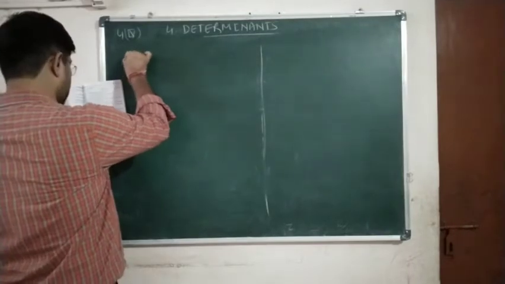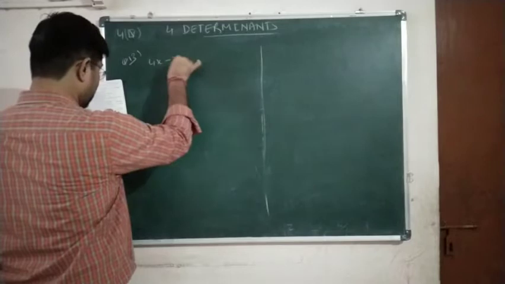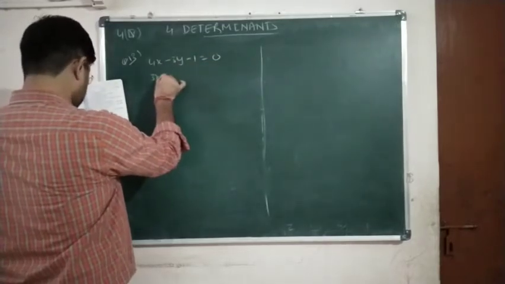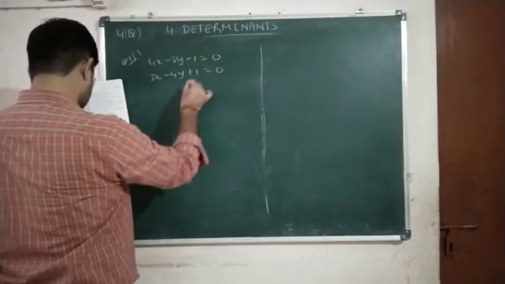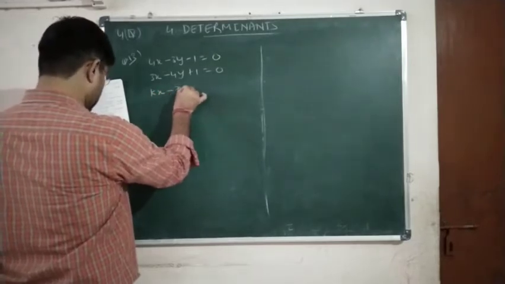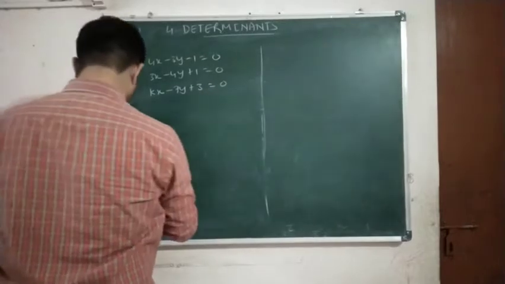We have 4x minus 3y minus 1 equals 0, 3x minus 4y plus 1 equal to 0, and kx minus 7y plus 3 equals 0.